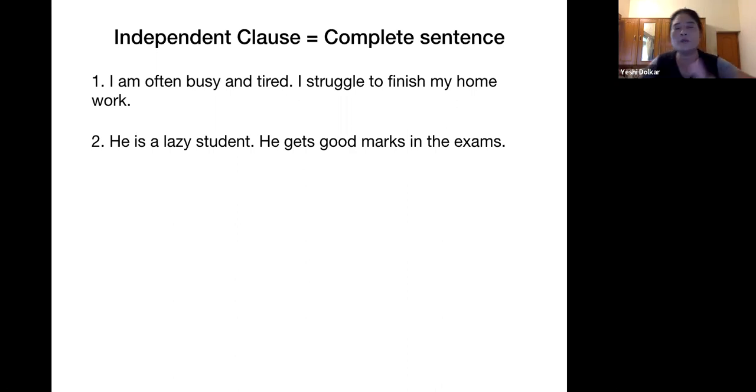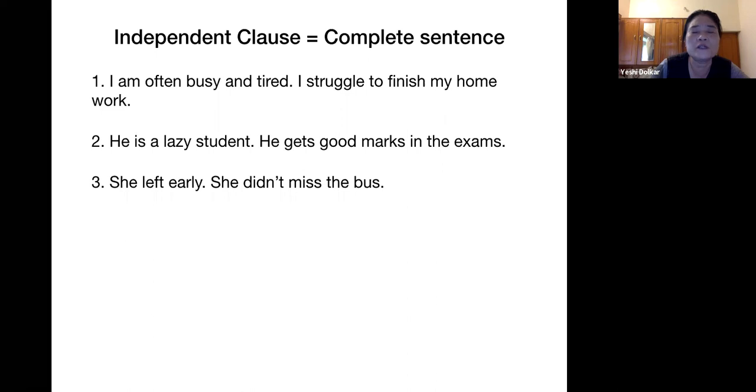Subject and predicate, both parts are needed: a subject and a predicate. So he gets good marks in the exam. Both are simple sentences. Okay, she left early. She didn't miss the bus. She left early, simple sentence. She didn't miss the bus, simple sentence.